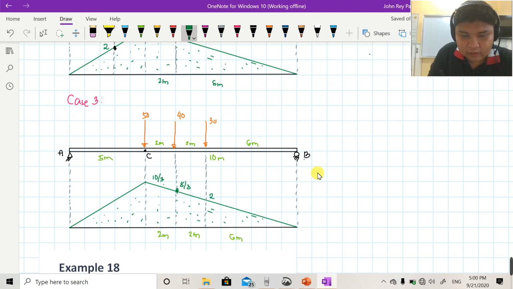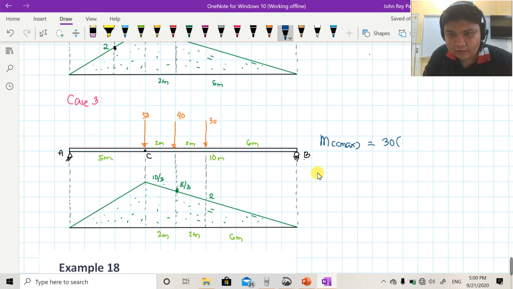So, do what we did again, class. The maximum moment at C is equal to the 30 multiplied by 2, the 40 is 8 thirds, lastly, the 50 is 10 thirds.